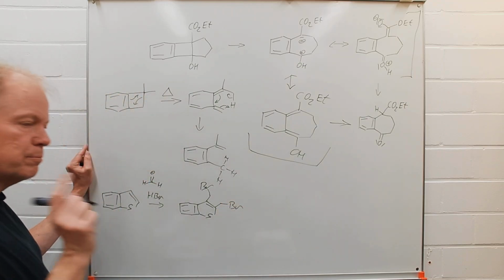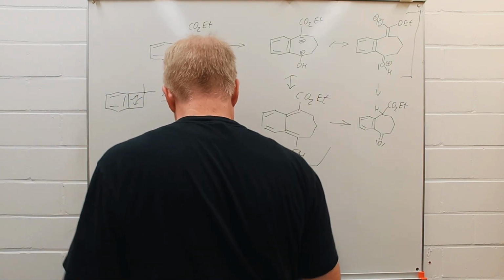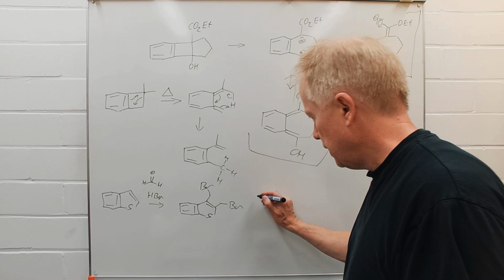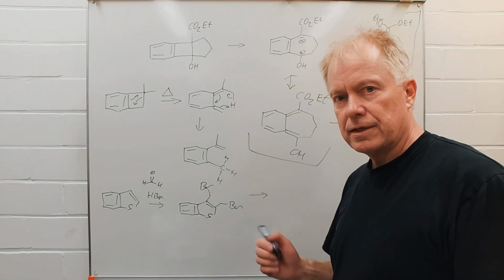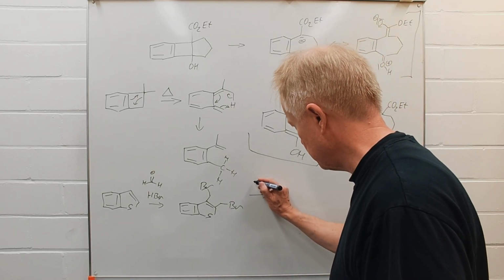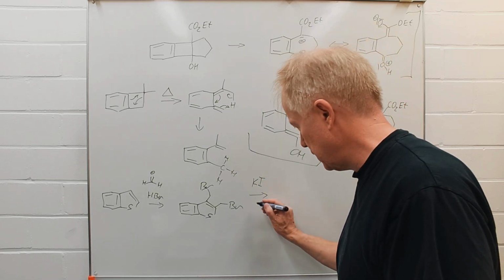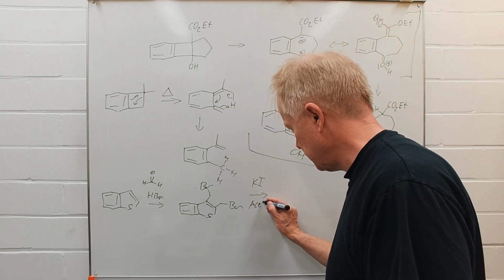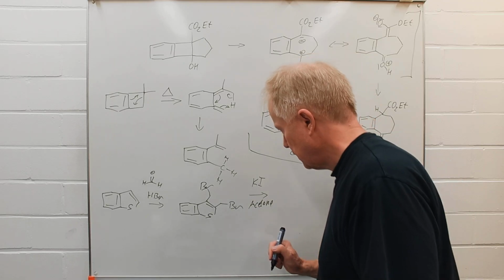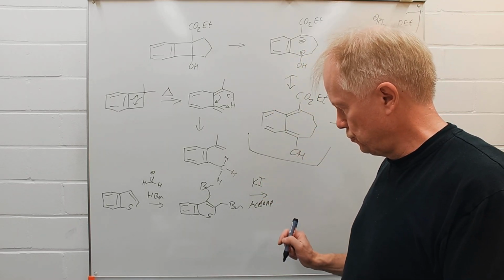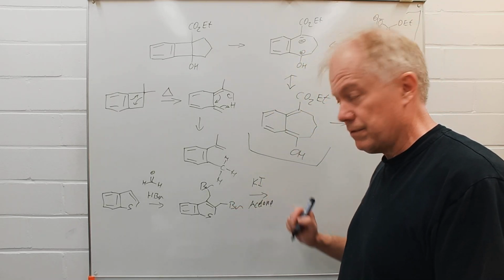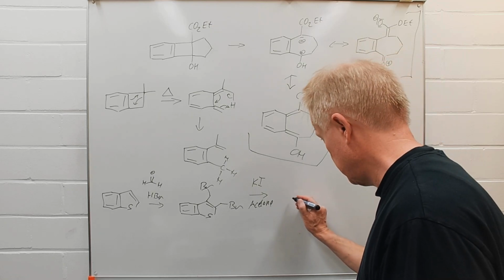So it is a bis-bromomethylation. If we now treat that under Finkelstein conditions, this is potassium iodide in acetone, then just substitution of the bromides by the iodides takes place.